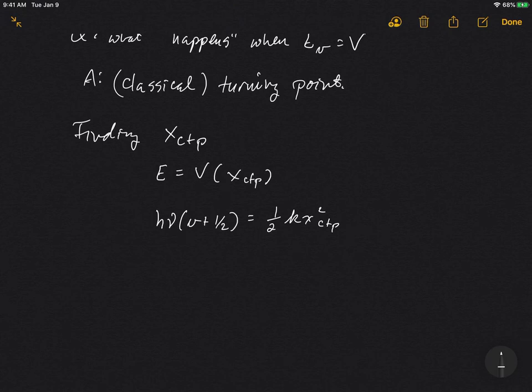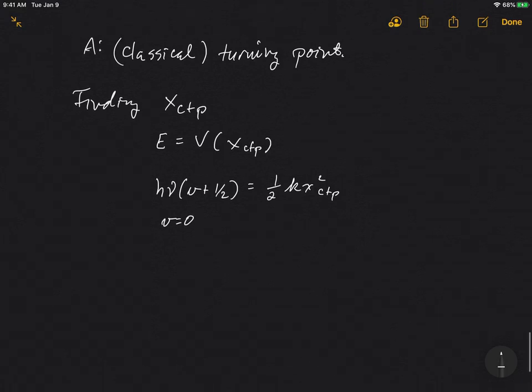And of course we can do a little simplification and come up with a general expression. Let's look at just the v equals 0 case. Then we have h nu over 2 equals 1/2 k x squared, classical turning point.